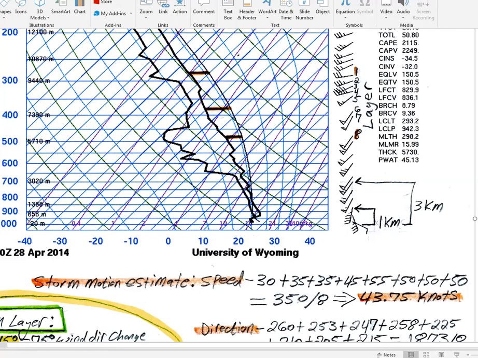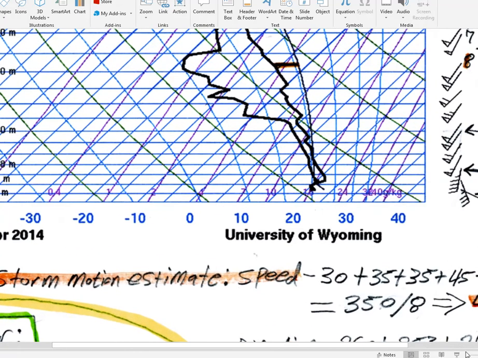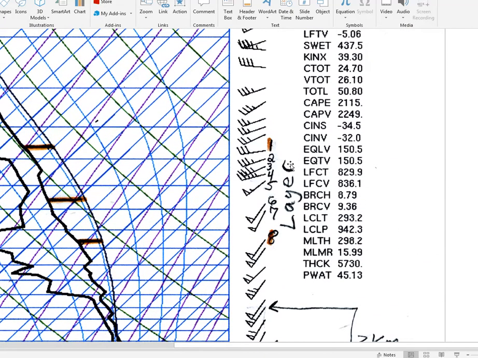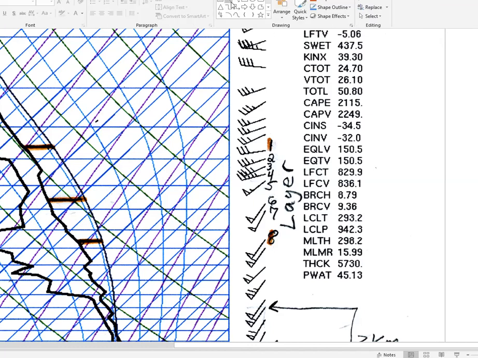One of the techniques I like to use, and this may help you, is to imagine a little arrow drawn at the tip right here. Let me see if I can do that for you. I've been trying to get good using this software. Just imagine a little arrow drawn at the tip of each and every one of these wind barbs. That's the direction the wind is blowing. See that?